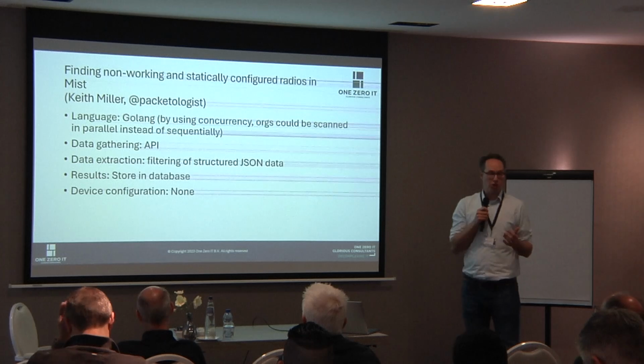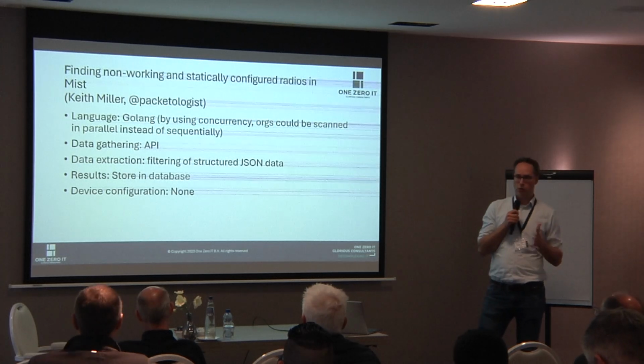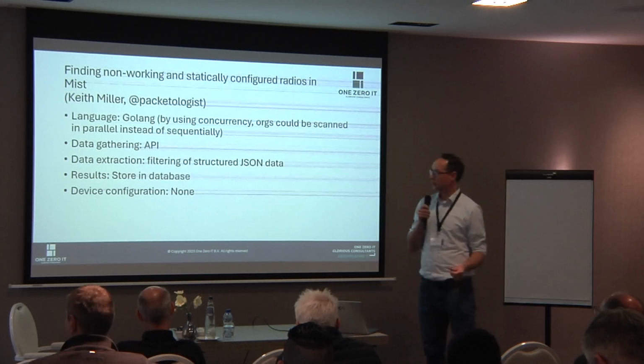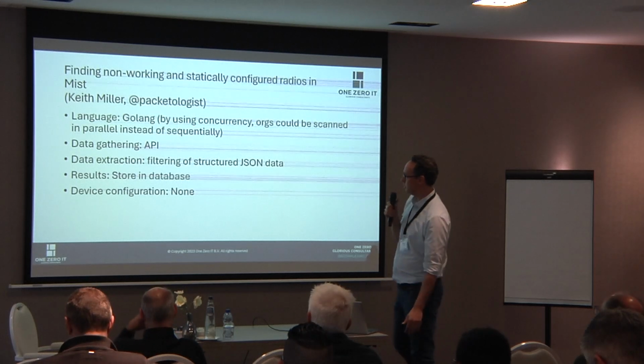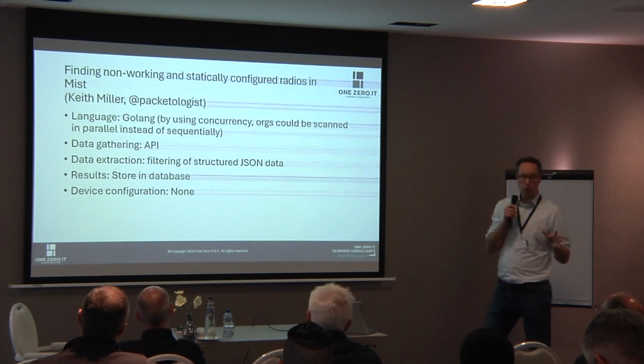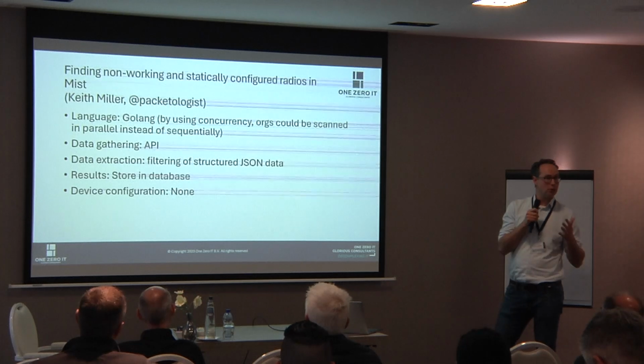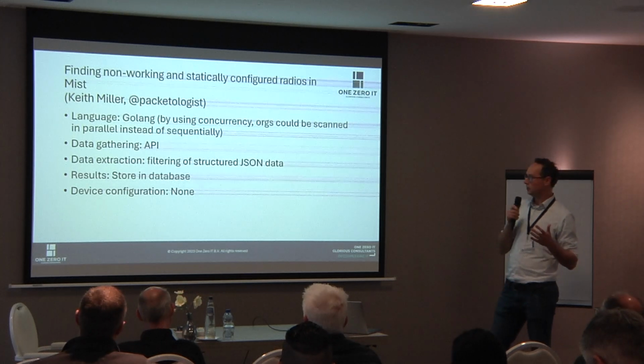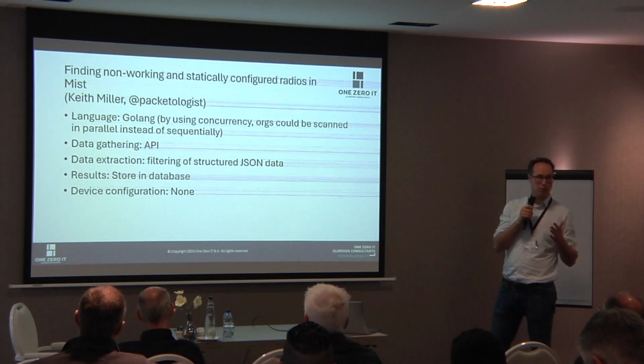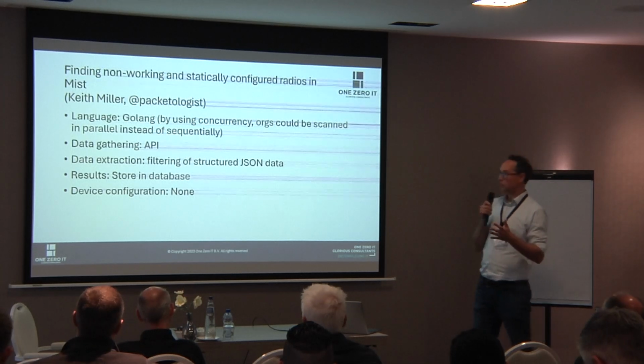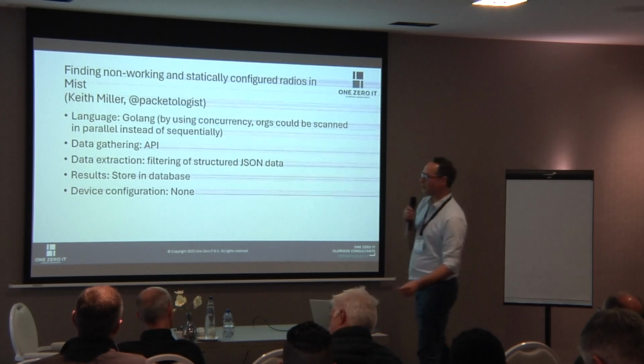Well, MIST uses its API, so he just made API calls to get all the data of the AP radios. Filtering was just the API call, so he got the data back as structured JSON data, and he just had to filter for the values that he wanted.